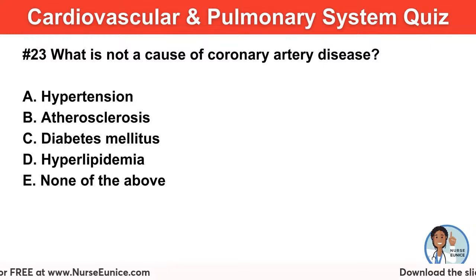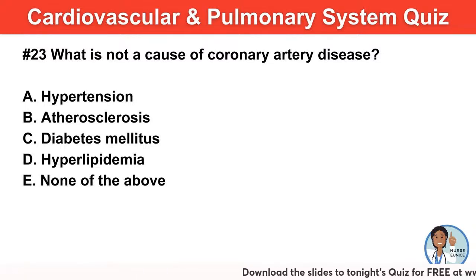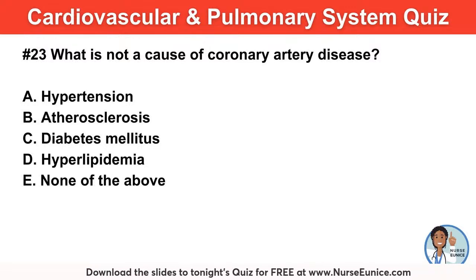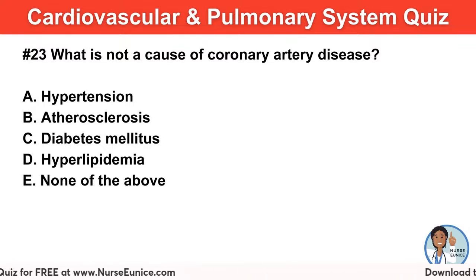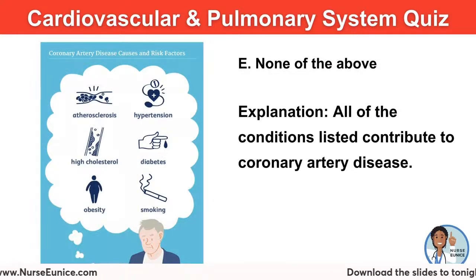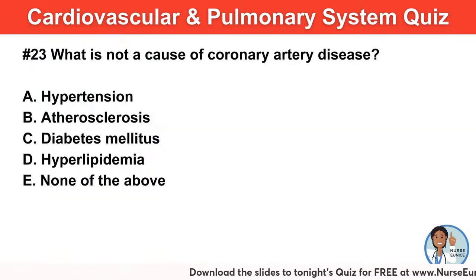Oh, this one was tricky, you all. So when someone has diabetes, those high blood sugar levels damage the arteries. So it is E. All of those contribute to coronary artery disease.